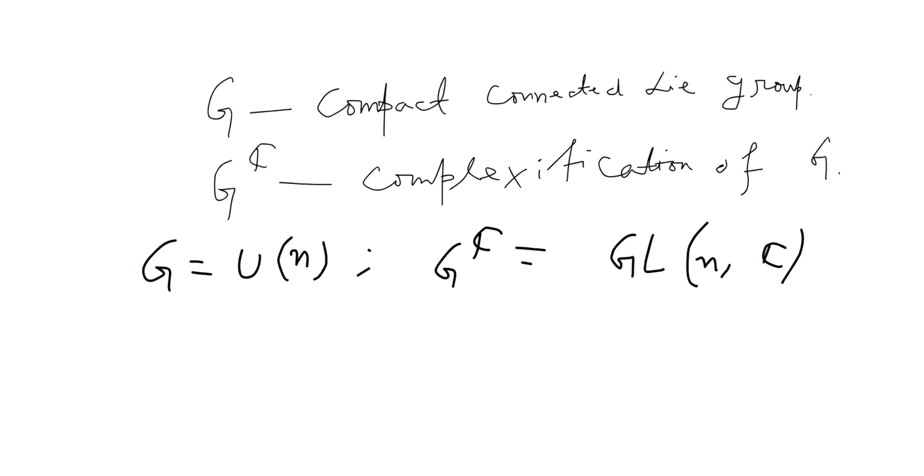So then inside this G_C you have the Borel subgroup B. So then you have this homogeneous space, G_C mod B, and then you have some interesting line bundle.